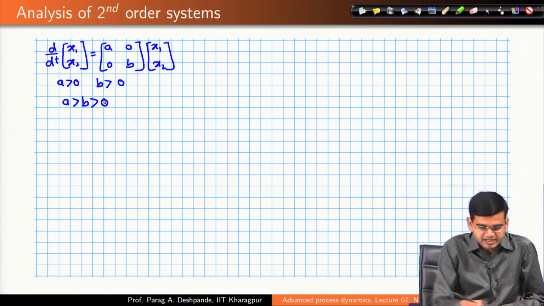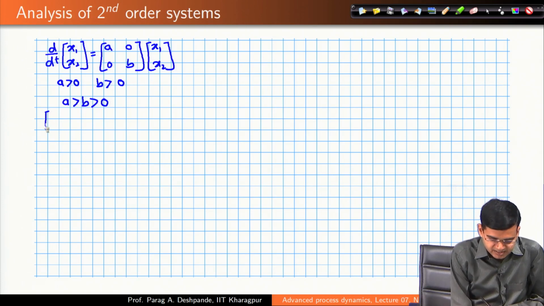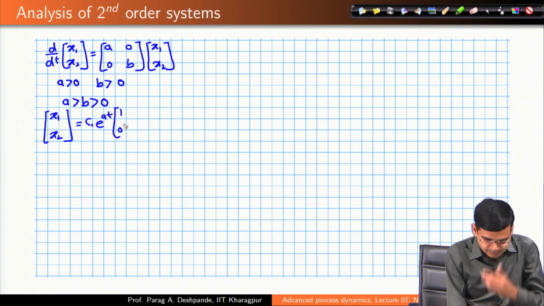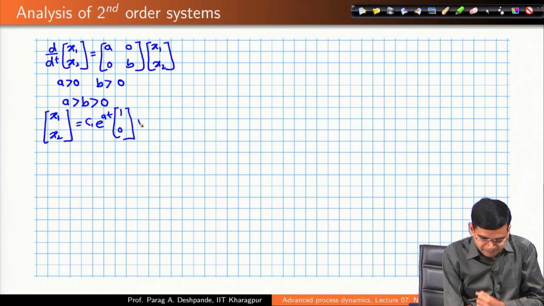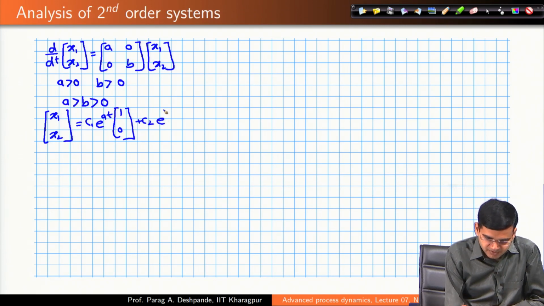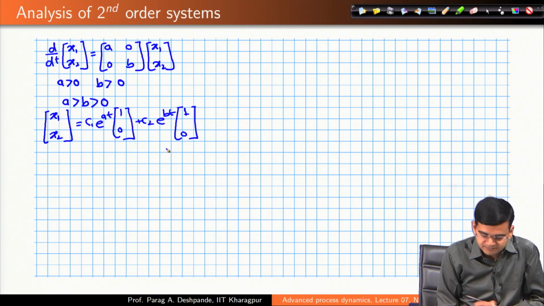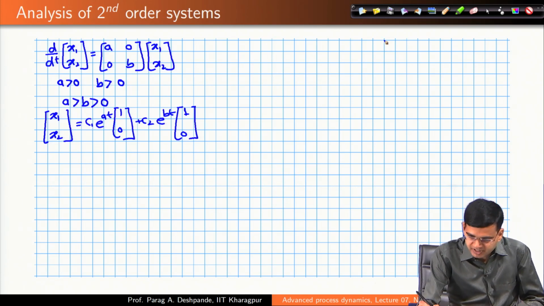My solution is given by the same equation: (x1, x2) is equal to c1 e to the power at (1, 0) plus c2 e to the power bt (0, 1). The equilibrium solutions remain the same.